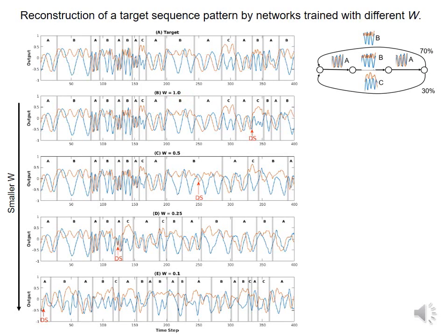Then as W is increased, up to here in this case it is okay, but after that it is broken. As W is increased further, it is only reconstructed well up to here, and with the final W it cannot be reconstructed at all.